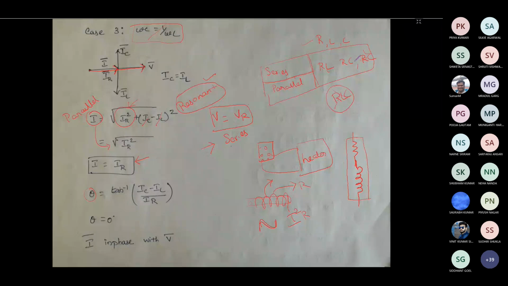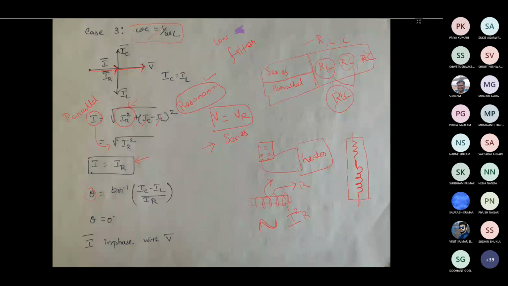Then RL, RC and RLC: RL and RC you are always using in most of your electronic devices. These are used as filters. This is highly essential for you, because in electronics you will be reading about low pass filter and high pass filter.